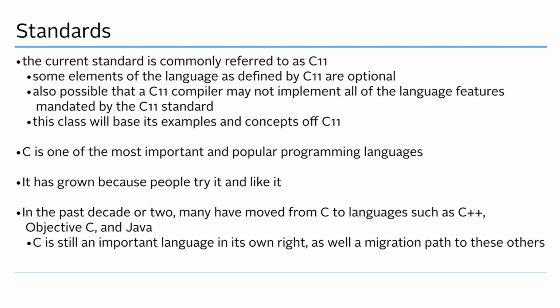In the past decade or two, you may have moved from C to languages such as C++, Objective-C, and Java, but C is still important. By learning C, you can easily migrate to these other languages as well. So for all these reasons, this is why you want to learn C.